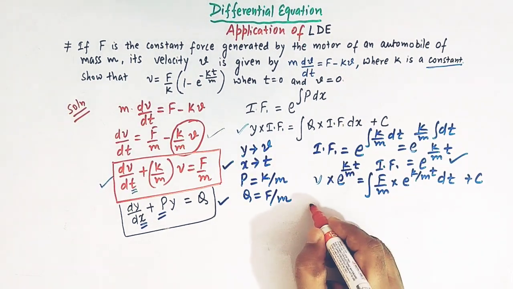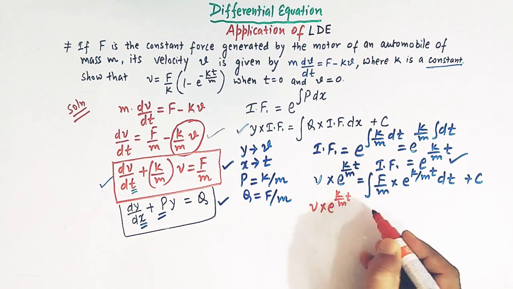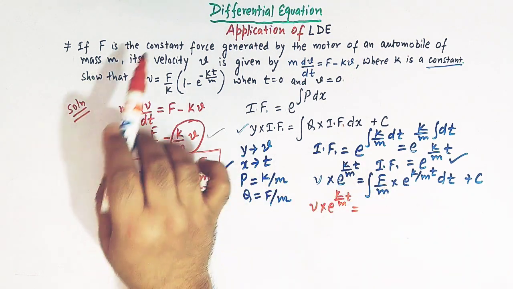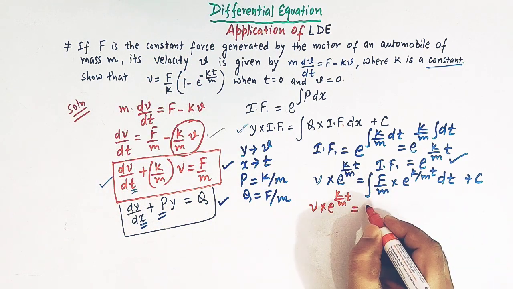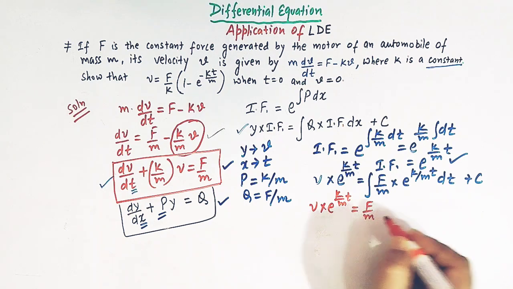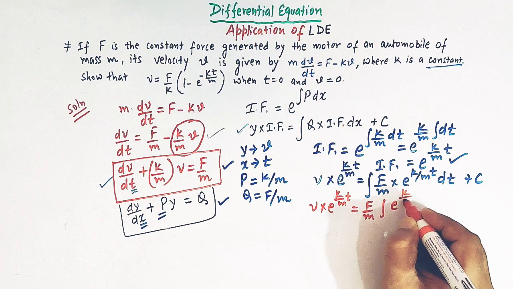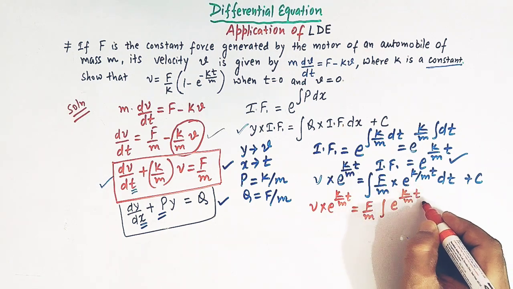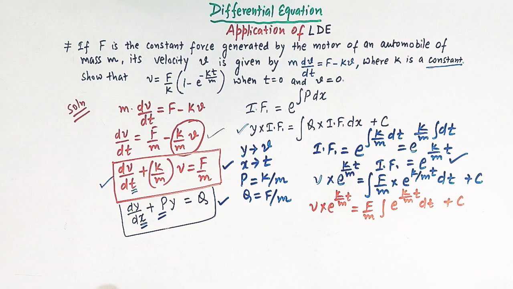So now we have v times e raised to k over m t, and here F is a constant force, m is the mass which is also constant, so we can take F over m outside the integral, and here we have e raised to k over m t dt, and c is the constant of integration.